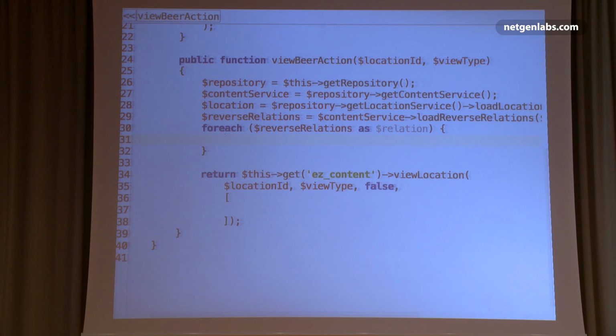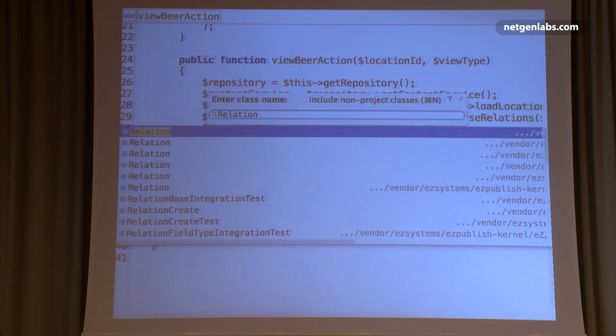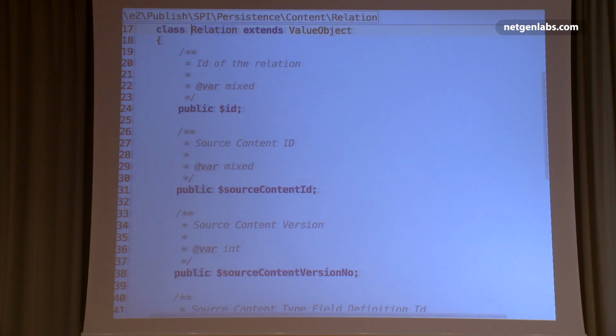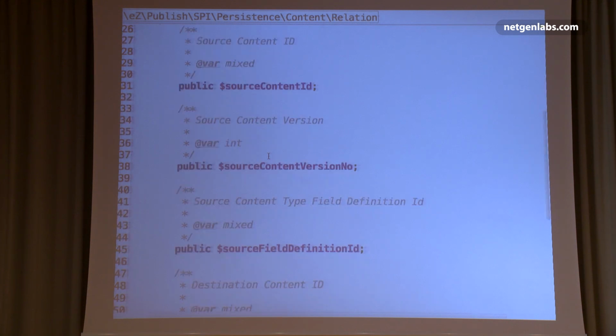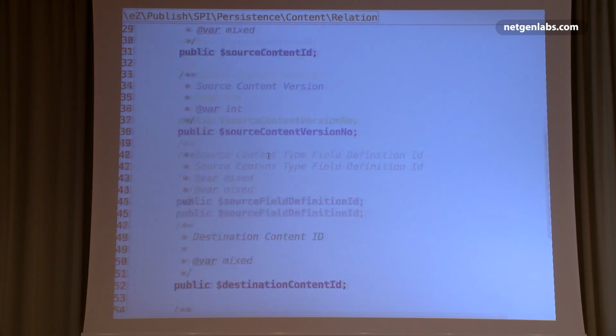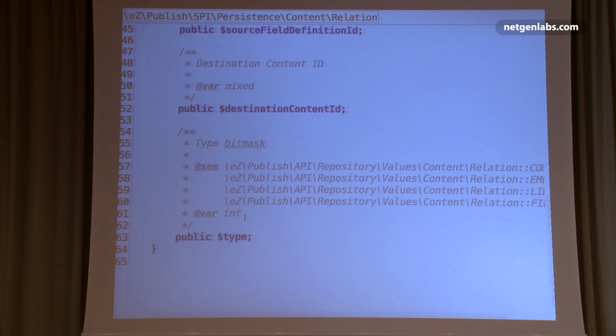Yeah. So, let's have a look at the relation object. Okay, what do we have here? We have the relation ID itself, the source content ID, and the source content version number, and so on, the source definition, and the type.